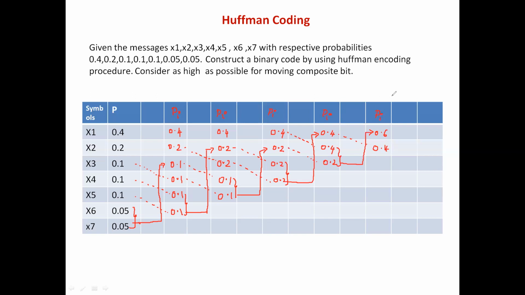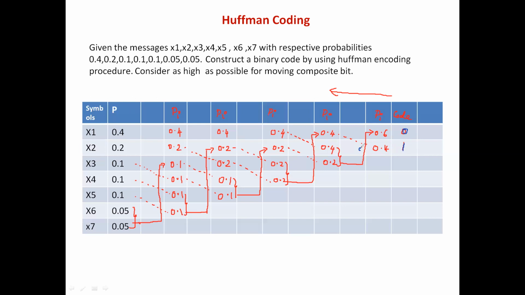Now I will get the code in this direction. First, I will be assigning code as 0, 1.